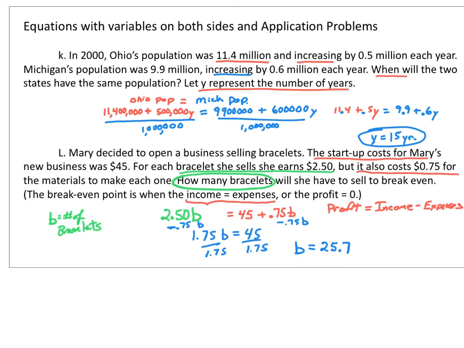Not only that, it's a repeating decimal. The number of bracelets should be a whole number. So we're going to call her break-even point 26 bracelets, because that's the closest whole number to the number of bracelets that she can make and sell.